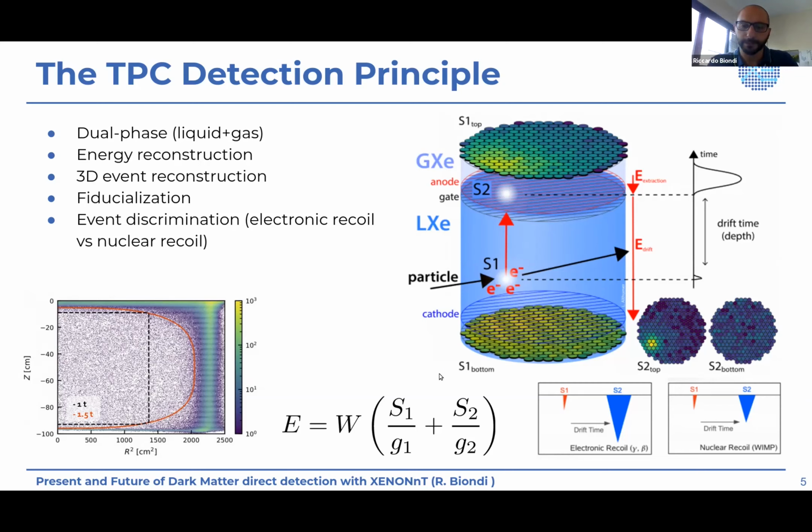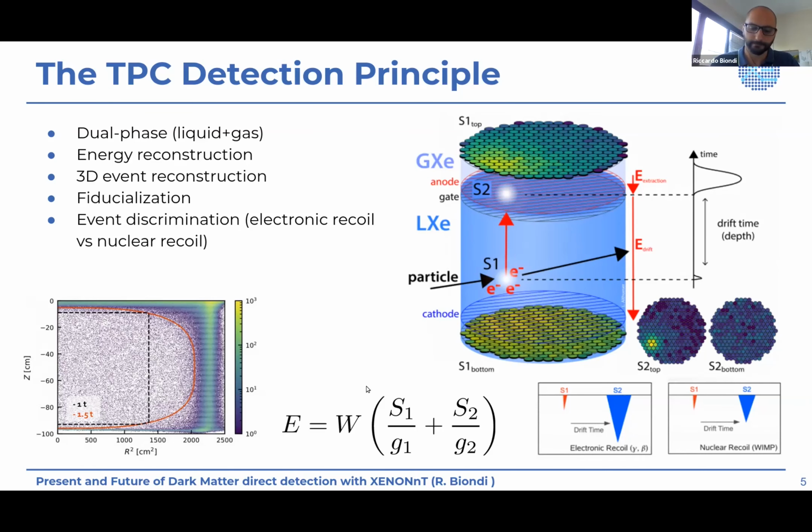Also, exploiting the two signals, S1 and S2, we can compute the energy of the event. And given that we have this very precise 3D position reconstruction, we can visualize the detector in a very precise way. We can also do event discrimination, so discriminate between electron recoil and nuclear recoil using the ratio between the S2 and S1 signals.